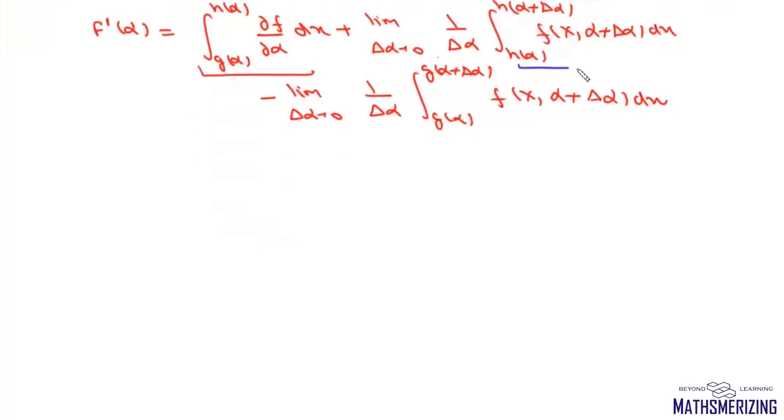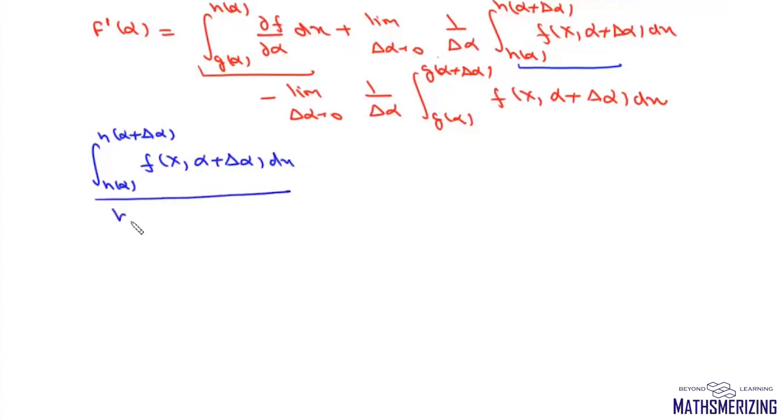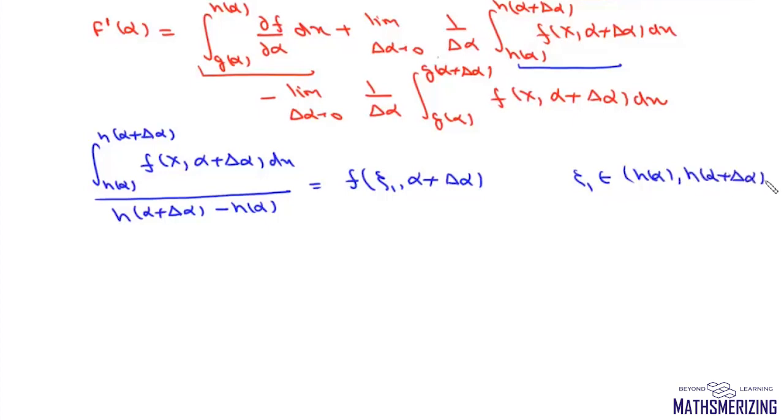So if we look at this integral, then we can write the mean value of this integral from h alpha to h alpha plus delta alpha of f(x, alpha plus delta alpha) dx upon b minus a, which in this case is h(alpha plus delta alpha) minus h(alpha), and it'll be equal to f of some zeta 1, alpha plus delta alpha, where zeta 1 lies between h alpha and h(alpha plus delta alpha).